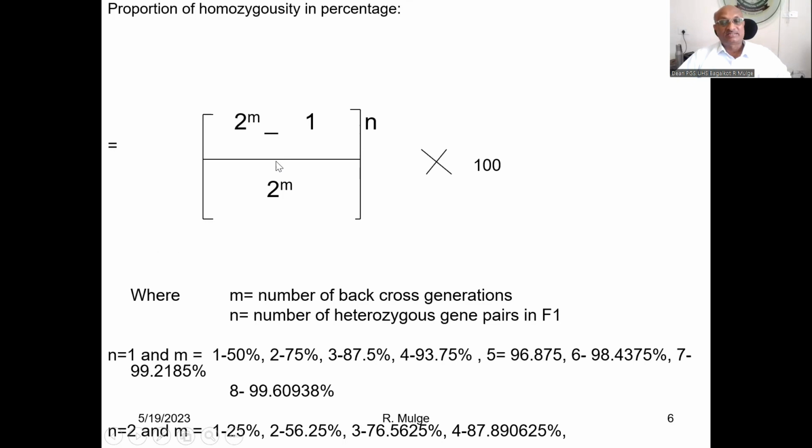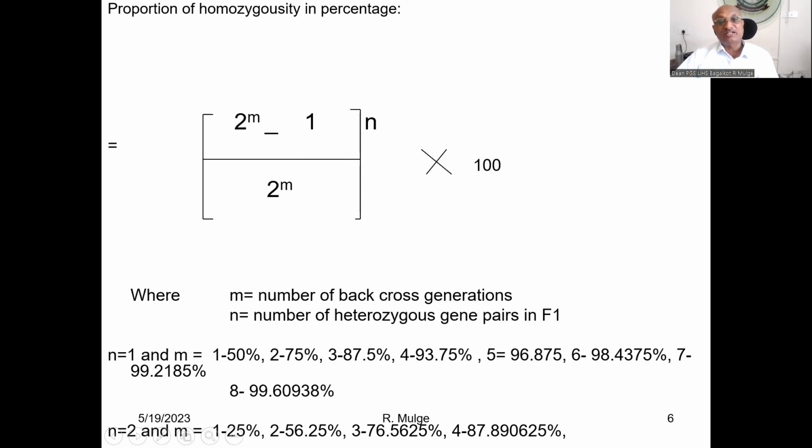So 1 by 2, but raised to the power n. If it is 2, 1 to the power 2 is 1 only, 2 to the power 2 is 4. 1 divided by 4 into 100 becomes 25%. Okay, so first backcross generation, 25%.